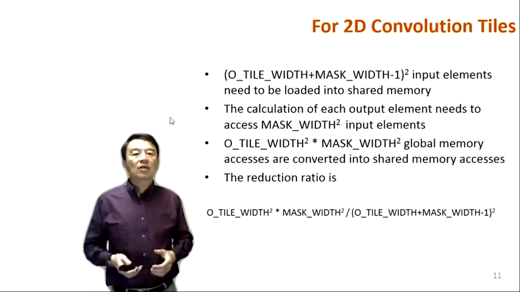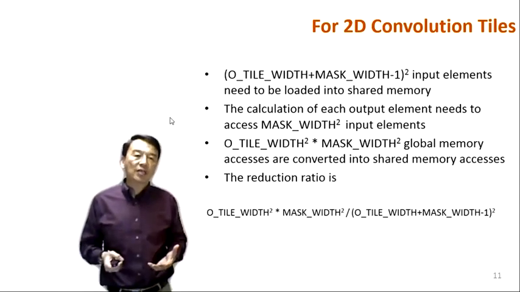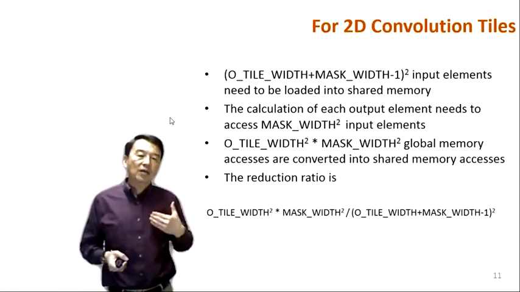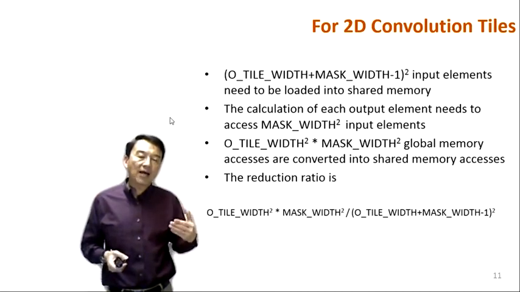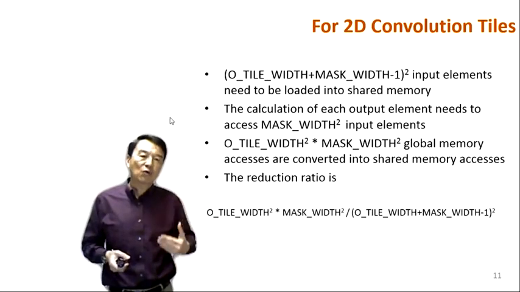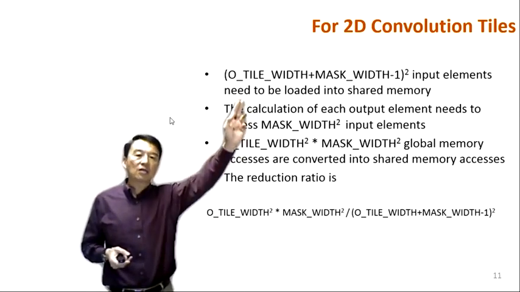Now we can go to the two-dimensional case. For your machine problem assignment, you're going to be doing a two-dimensional convolution. And we can apply the analysis that we did for the one-dimensional case in a very straightforward way. So we can calculate it as the input tile.